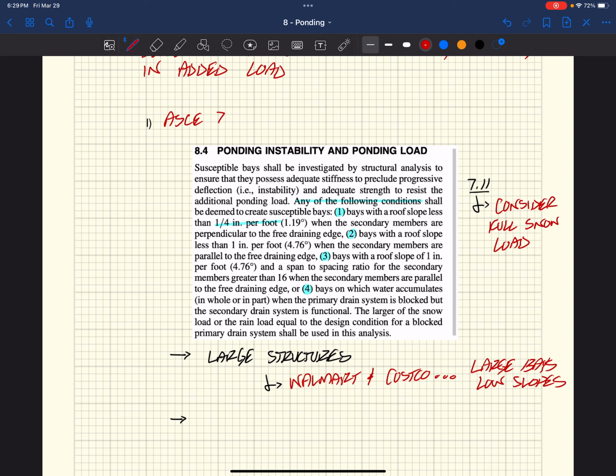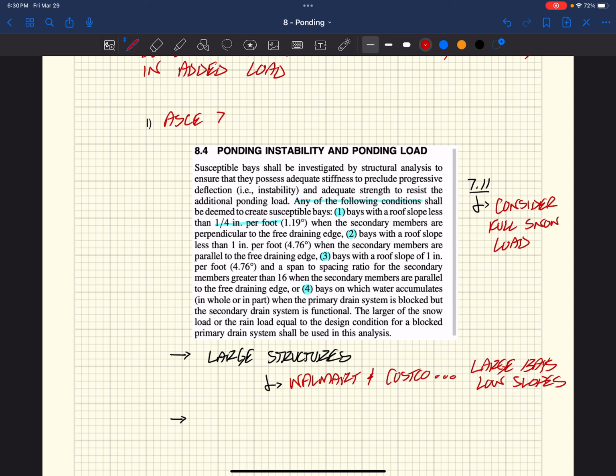One other reason is that ponding is not necessarily going to put the same amount of load on the entire structure, because as the structure deflects, we're going to make a dish out of the structure. And so the ponding is going to add additional load where we deflect the most, right? So depending on the roof slope and where our drains are located and the valleys or the dishes, the low points in our roof, that's where the water is going to accumulate.